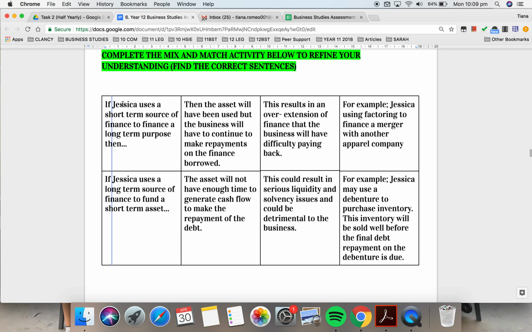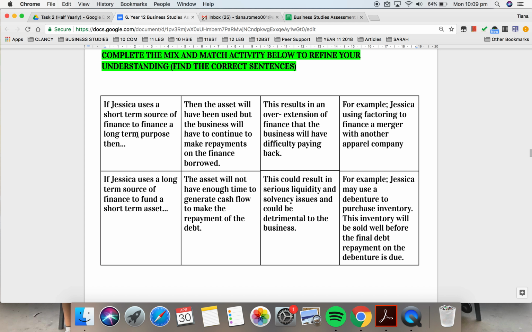If Jessica uses a short-term source of finance to finance a long-term purpose, and then you need to choose either this box or this box and draw a line to match it up. Then you go to the next sentence. So you're basically preparing a response and matching the correct order up. So you go from the first column to the second, to the third, to the fourth.